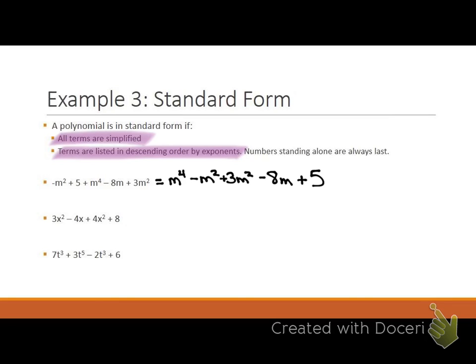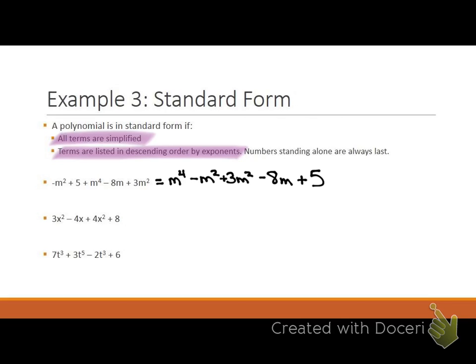All right, so now let's talk about common terms that can be combined. Now, in the past, we've said, if it has the same variable, like, let's say, 2x plus 3x. What's 2x plus 3x? 5x, because they both have an x. Well, here you say, oh, they all have an m, so I can combine them all. Not so. When I'm adding and subtracting with exponents, the exponent has to be the same. So m to the fourth is not a like term with m squared.